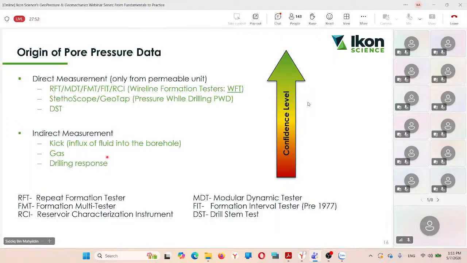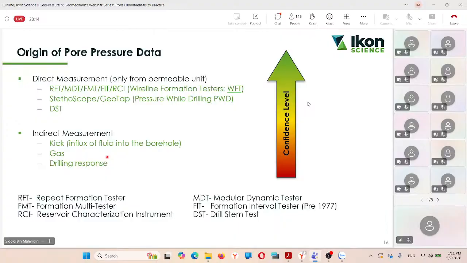At 9 ppg, pounds per gallon, you see gas or a kick. So it suggests that your pore pressure is actually higher than your mud weight, because now you see influx. You do not know what the number is, what the pore pressure actually is, because this is not a direct measurement, but you know that it could be higher than 9 ppg.